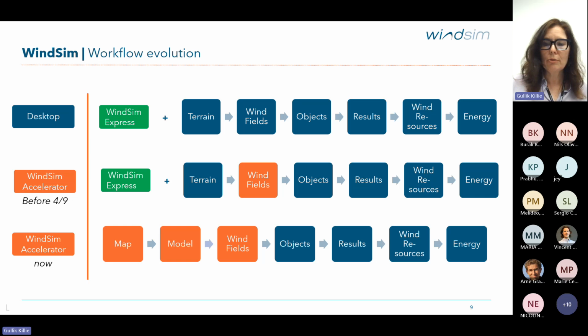And I just want to show that here for clarity so that hopefully you can understand what I mean. If you are on a desktop version, you would have to use WindSim Express, which is a cloud-based platform for data conversion. Prior to going into the main WindSim software to do the work through the 6 modules, as you see here.